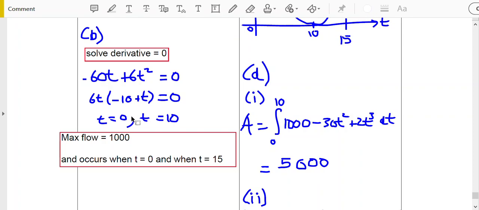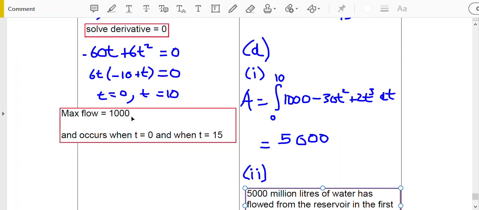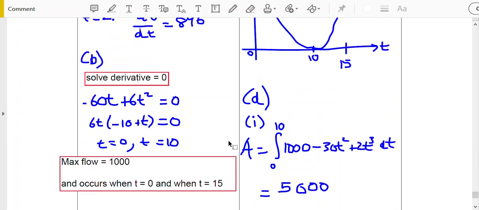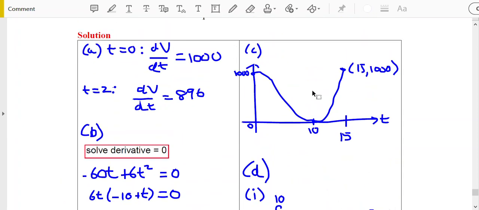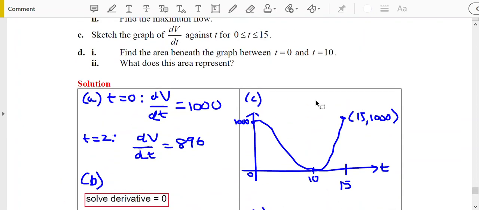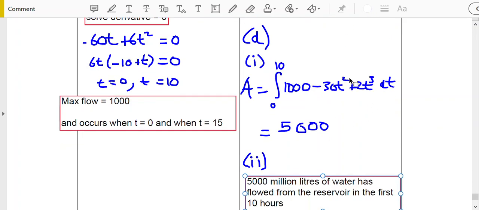Check endpoints for absolute maxima and minima. We needed to check the endpoint of t equals 15, because that is also when the max flow occurred. Sketching graphs, yes, we can do that on CAS, and then finding areas as well. So now there's the integration part.